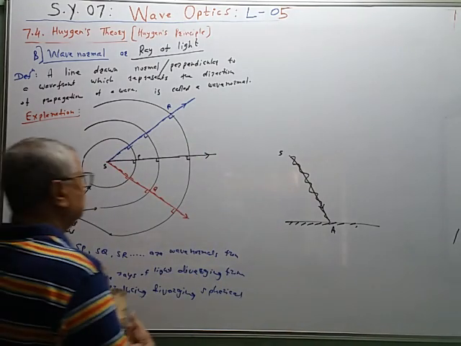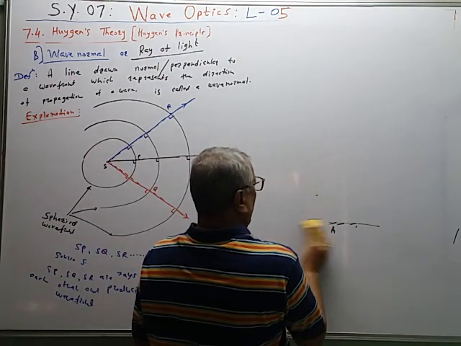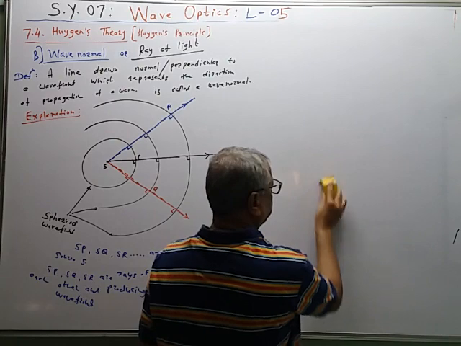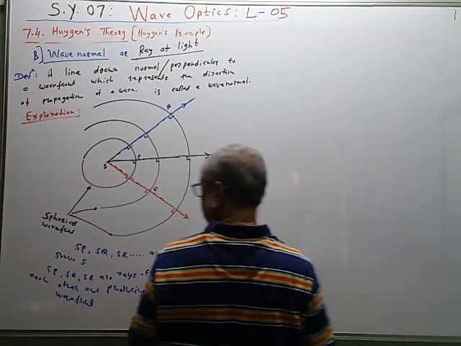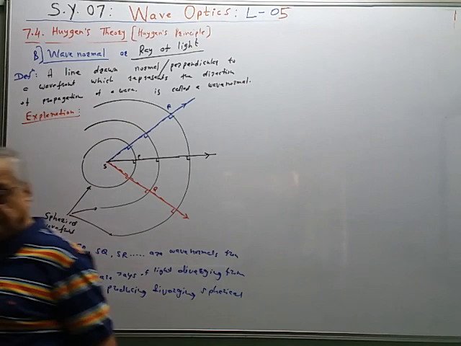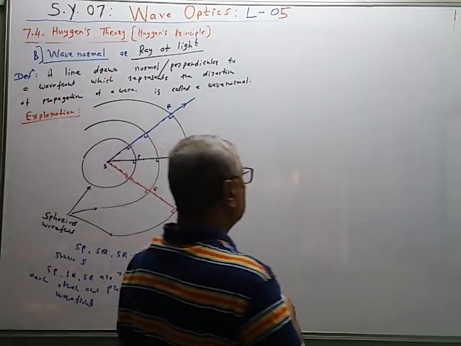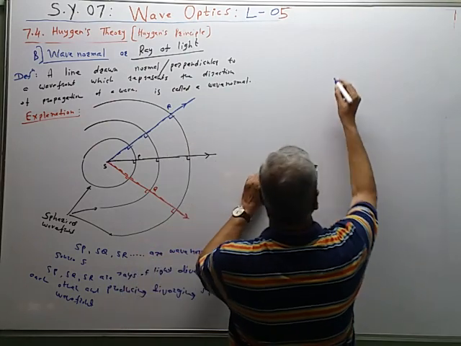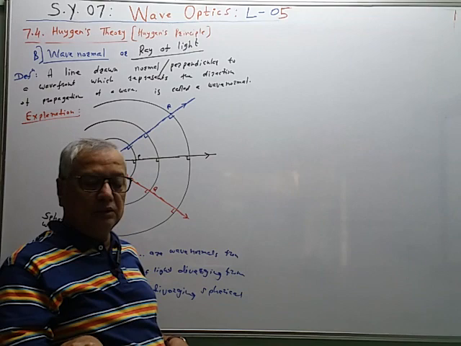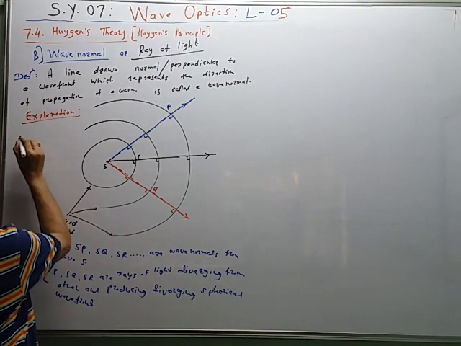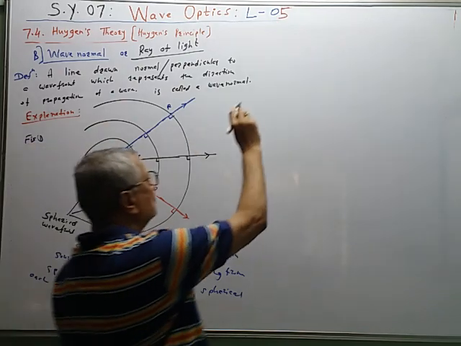Now if the rays converge, suppose I will use this type of arrangement. This is figure 1. I will show figure 6.